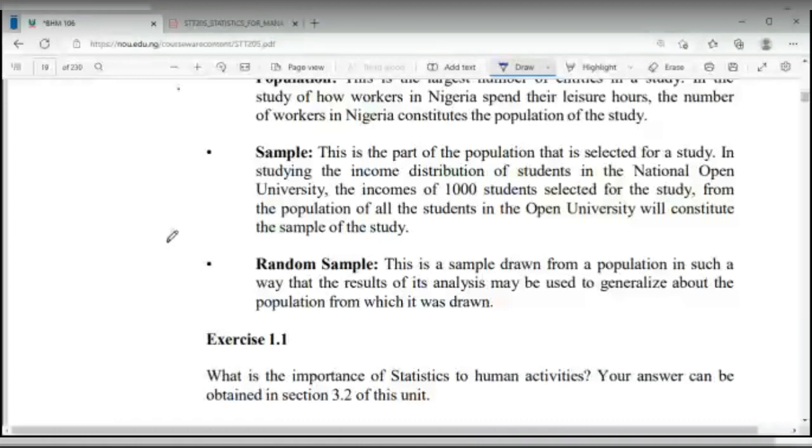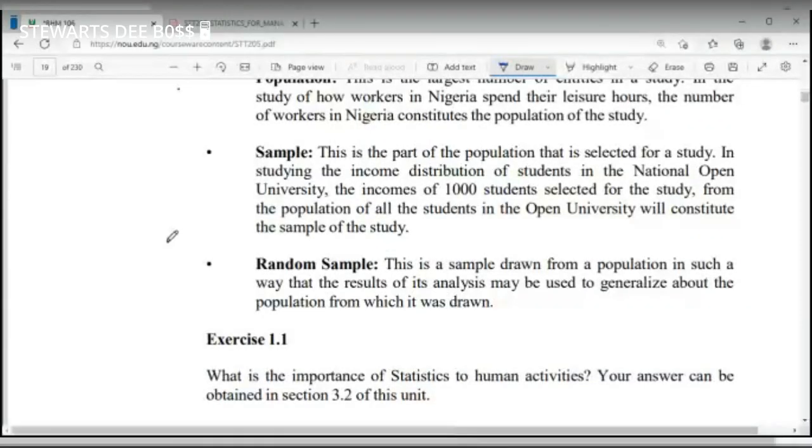By the time you put all of them together and carry out research on them, whatever outcome you get can easily be interpreted to be applicable to the whole population. So that is what random sampling is.